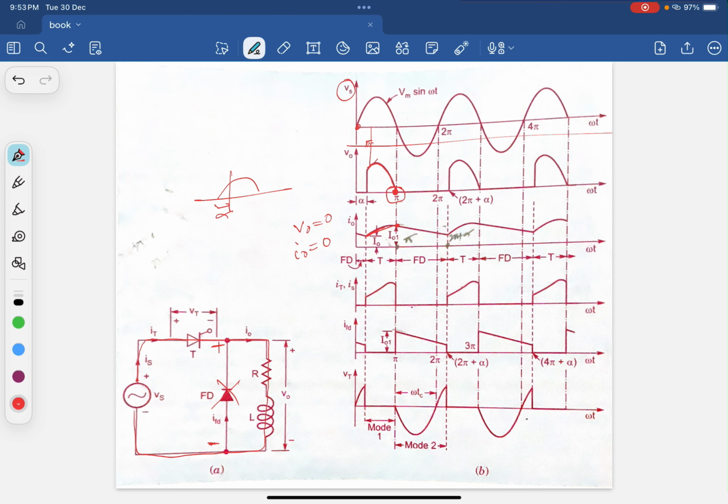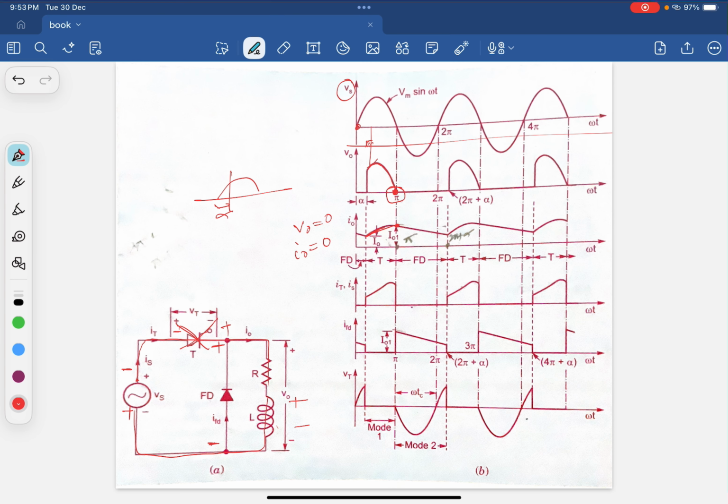At that particular instant of time, this inductor is charged with a polarity of plus minus, and due to the negative half cycle, here it is plus, here it is minus. This negative appears across this thyristor, so this thyristor gets turned off.